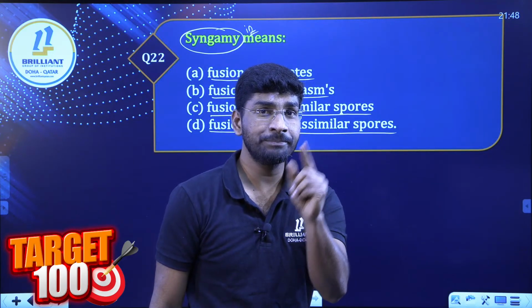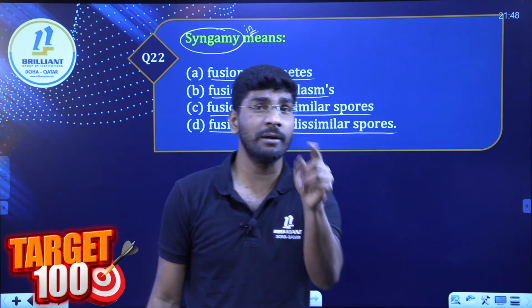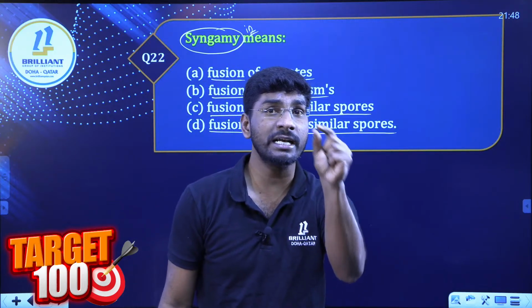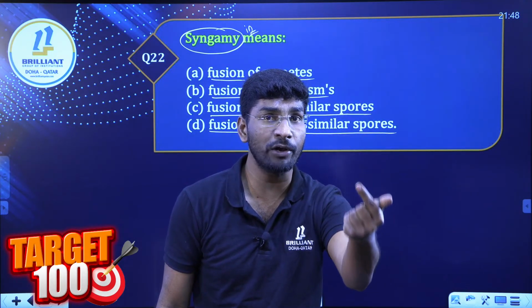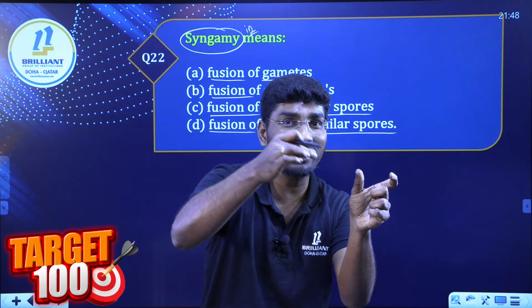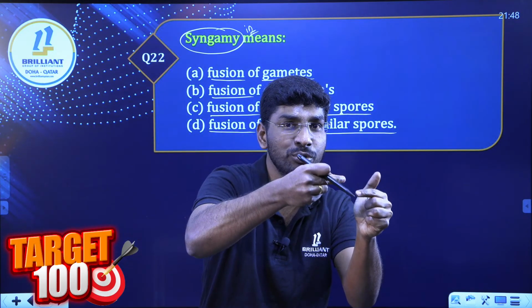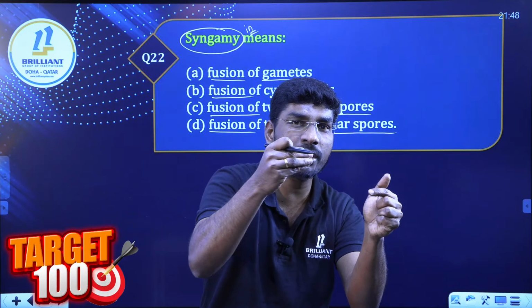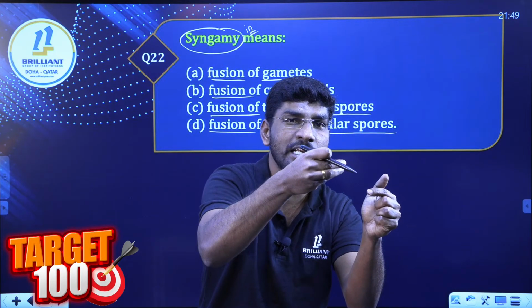Do you remember the human reproductive system? The secondary oocyte released from the ovary enters the fallopian tube, the ampulla-isthmus junction. When the sperm comes and triggers it, it completes meiosis 2. The sperm dissolves the corona radiata and zona pellucida.